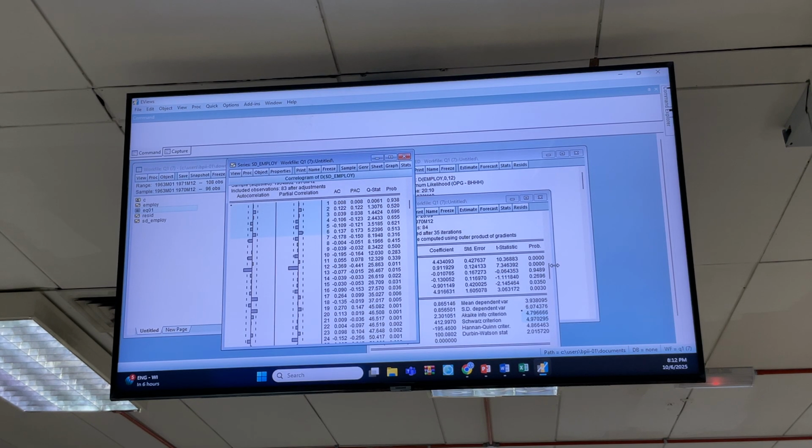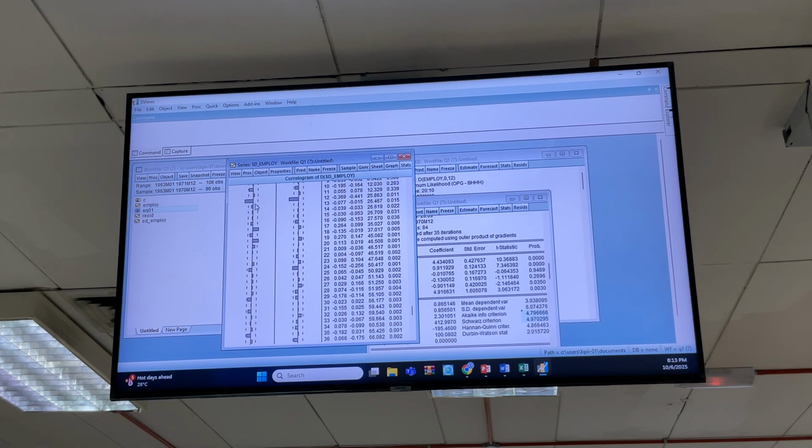Or it's also okay to only include the non-seasonal component if the seasonal component is all insignificant. So for the non-seasonal, AR and MA all are insignificant, no need. Okay, so small p 0, small q 0.